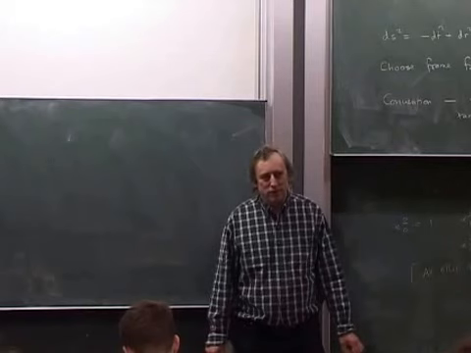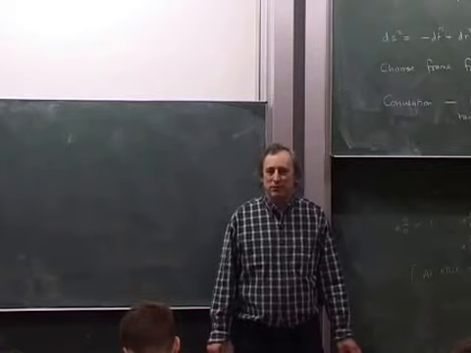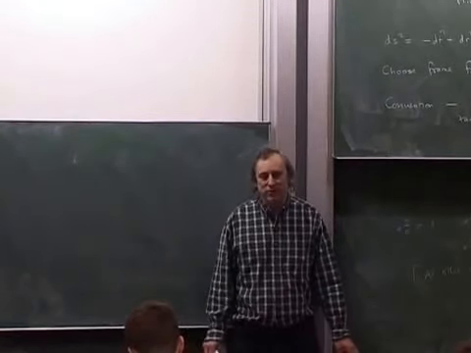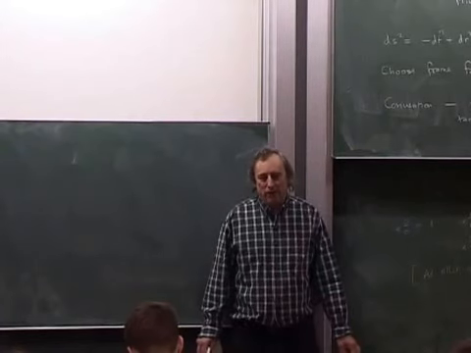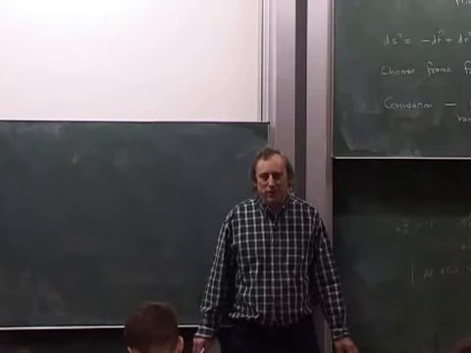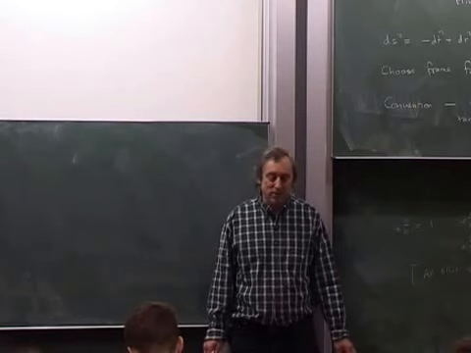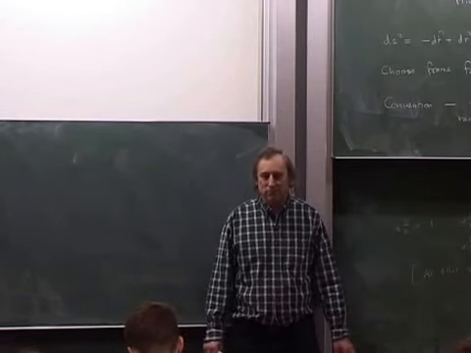Any other connection you could have picked is as good, except that you have to introduce other things to describe it. That's because the difference between two connections is a tensor. So, pick your favorite connection, pick the Christoffel connection, and the difference between the two must be a tensor. And if it's a tensor, you can describe it as some fundamental thing. Okay.